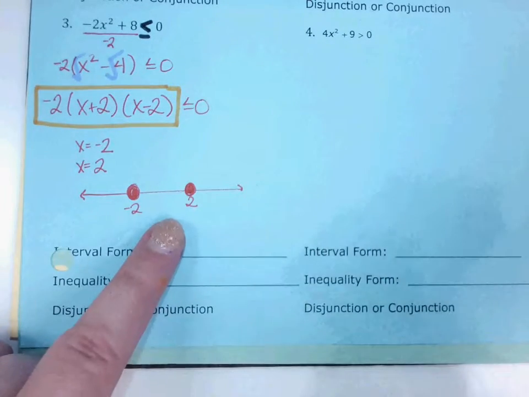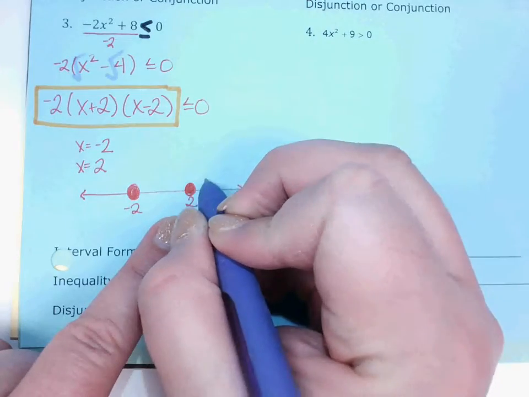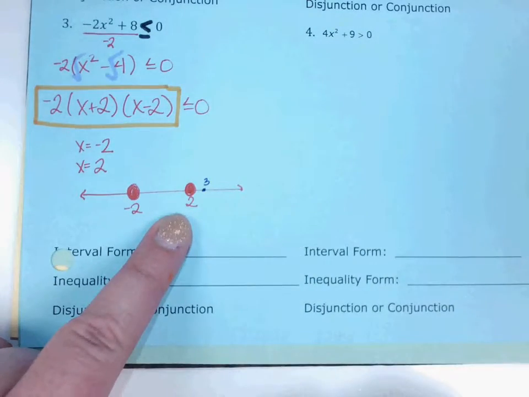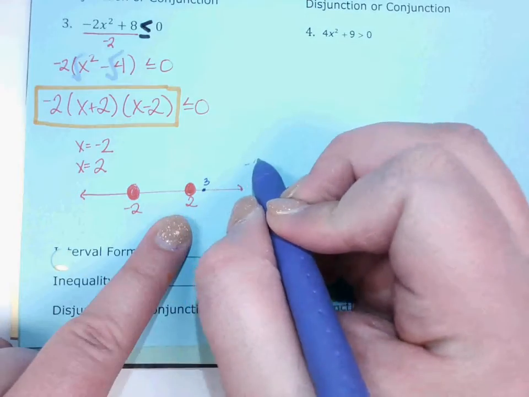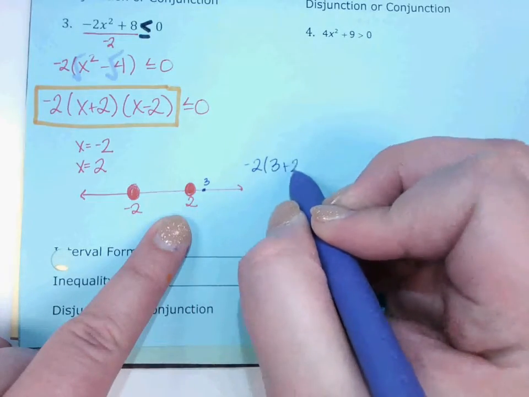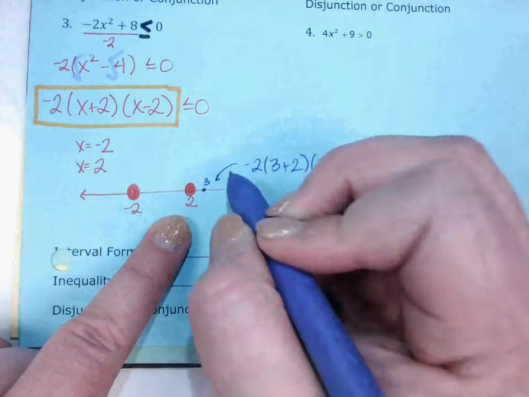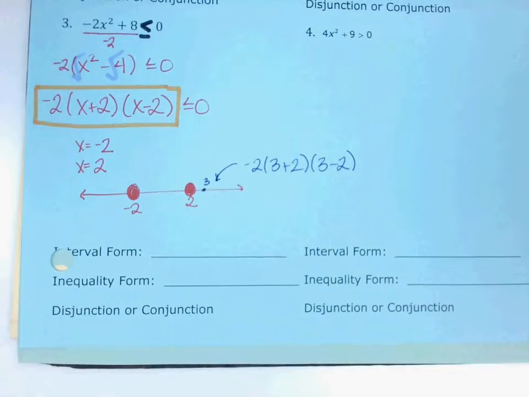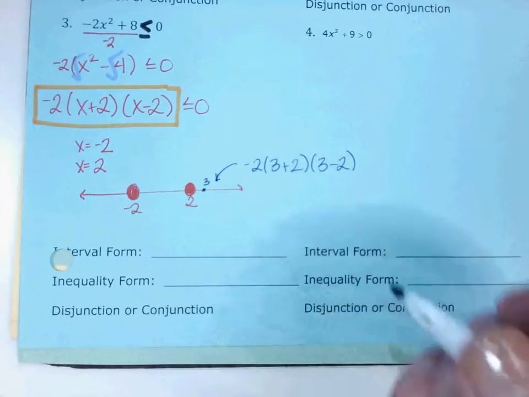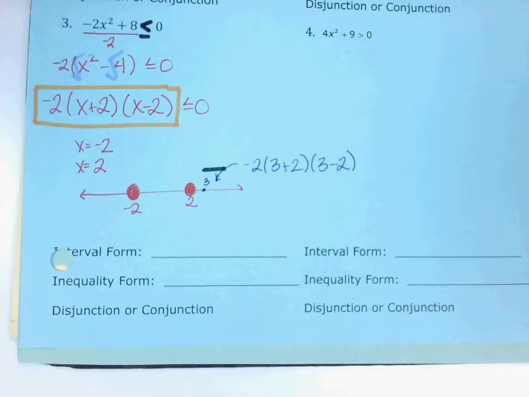Okay, so I'm going to put my little 3 right here. And then when I plug it in, this is what I'm going to type into the calculator. Negative 2, 3 plus 2, 3 minus 2. That's what I'm plugging in for that interval. It came out negative? Okay, everybody else get that? Good? Okay, so I'm indicating at the top of my sign a negative on that chunk.